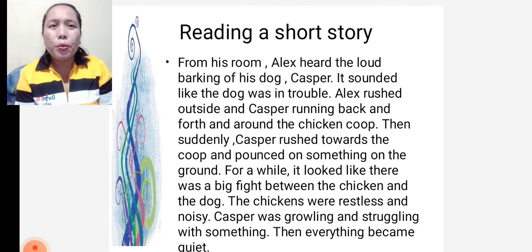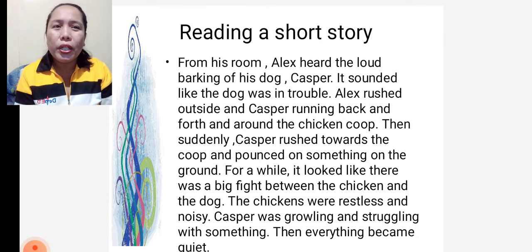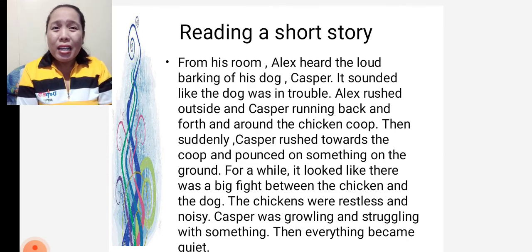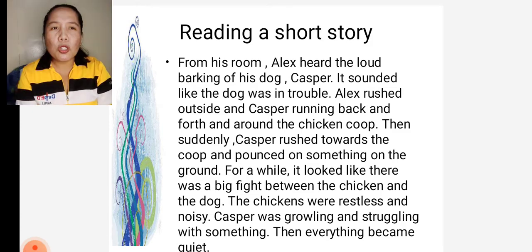From his room, Alex heard the loud barking of his dog, Casper. It sounded like the dog was in trouble. Alex rushed outside and saw Casper running back and forth around the chicken coop. Then suddenly, Casper rushed towards the coop and pounced on something on the ground.